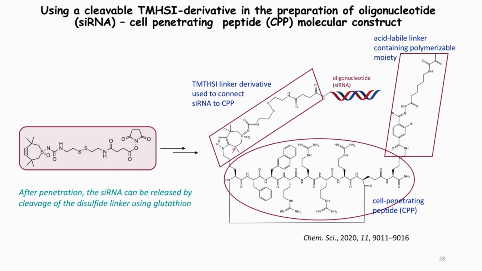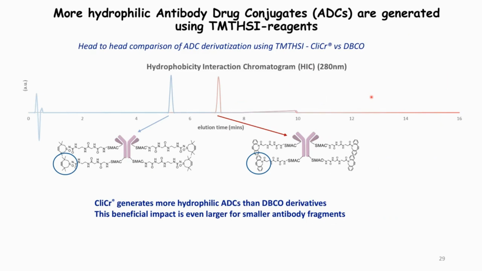And after cell penetration of this whole construct, you can release this oligonucleotide by treatment with, for instance, glutathione here, and the whole garbage which you just needed for making sure that this particular molecule entered the cell can be removed. So this is very attractive.